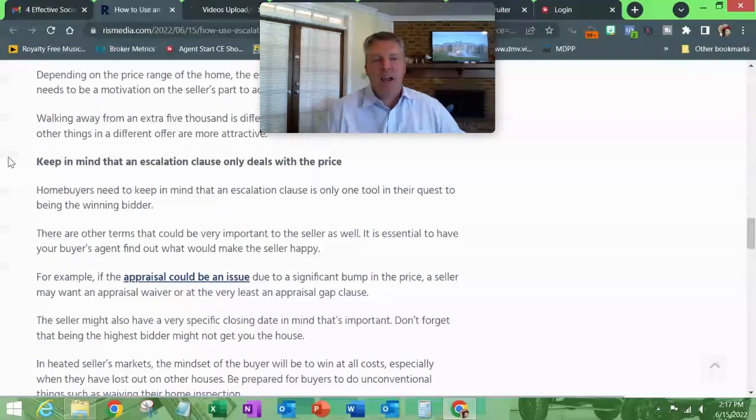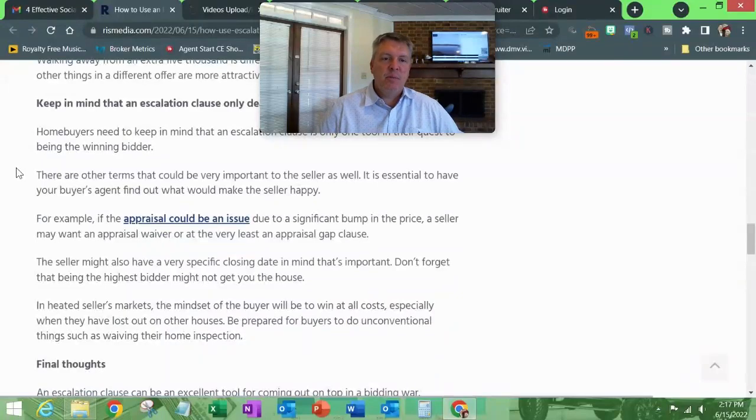So keep in mind that an escalation clause only deals with the price. Homebuyers need to keep in mind that an escalation clause is only one tool in their quest to be the winning bidder. There are other terms that could be very important to the seller as well. It is essential to have your buyer's agent find out what would make the seller happy.